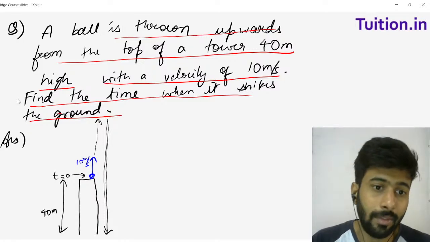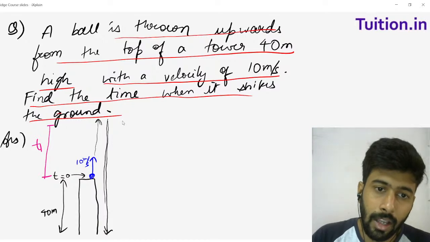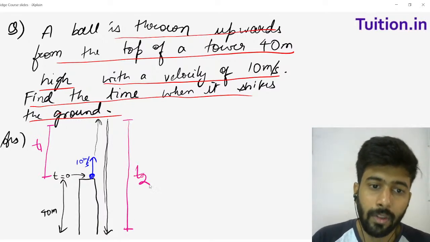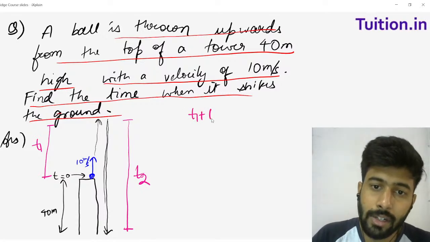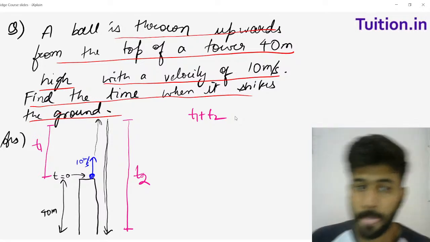What is the time when it strikes the ground? When the ball goes up, it will cover this much displacement in a time, let's say t1, and when the ball comes down, let's say it took a time t2. So if you add t1 plus t2, you will get your answer.